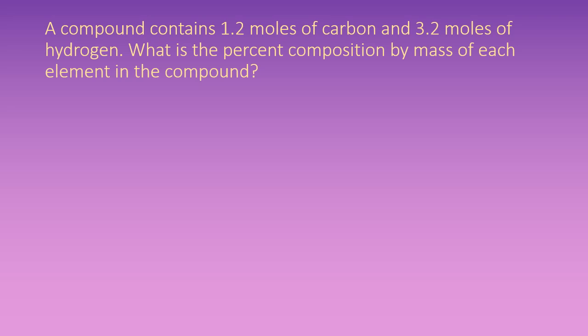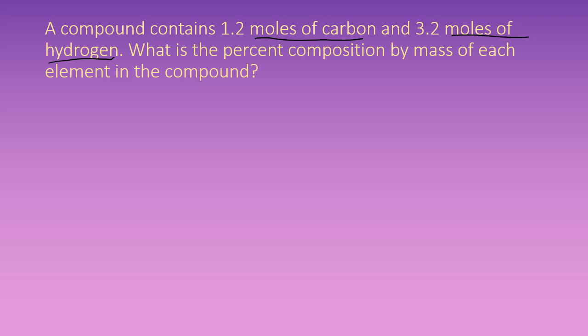And because it says by mass, we're going to have to do a few extra calculations. The reason being, moles of carbon and moles of hydrogen have different masses, so therefore we can't directly compare their masses through the molar calculations.